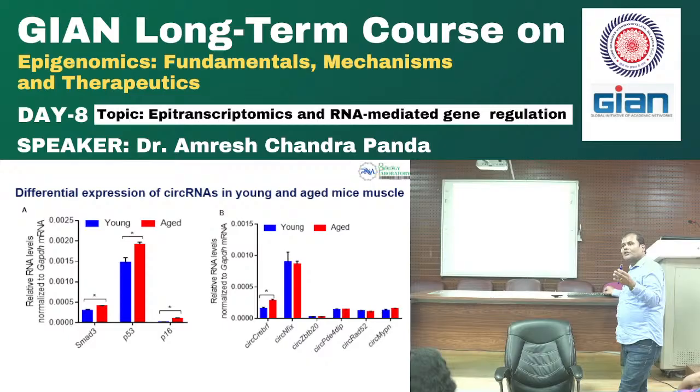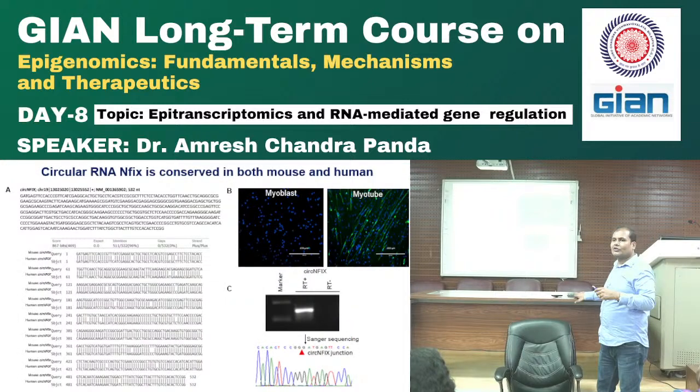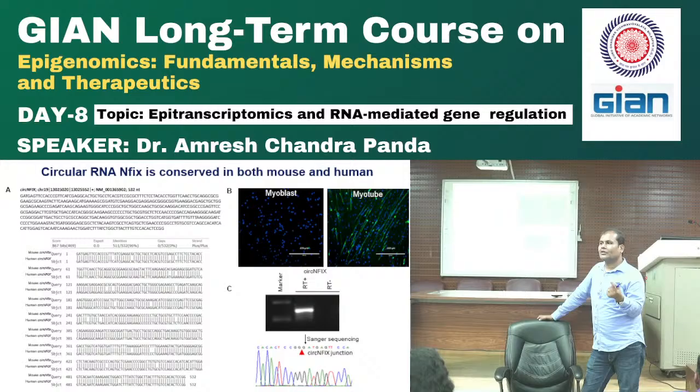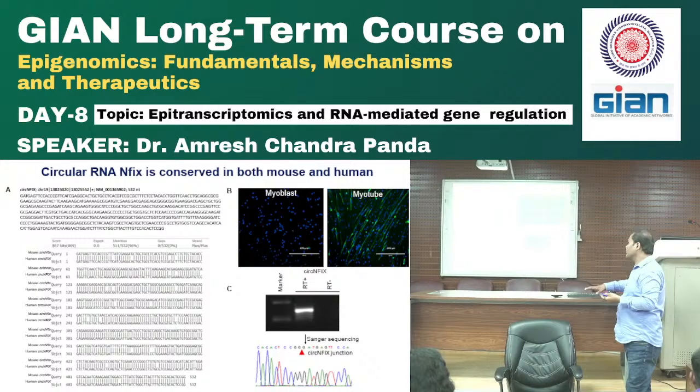So we looked at the human cell line. These are primary human myoblasts differentiated into myotubes, and the color you see is immunostaining. Anyone knows immunostaining? No? So basically, if you want to see a protein expression in the cells, you fix the cells with antibody, and then the secondary antibody should have a label, so that you read the color in the microscope, take the image and see that.